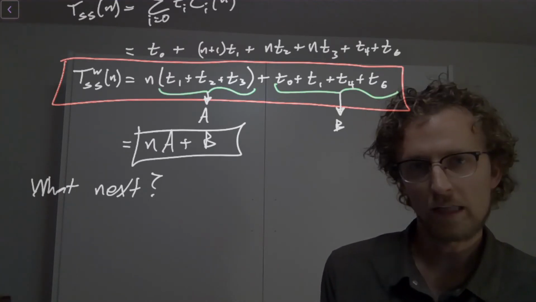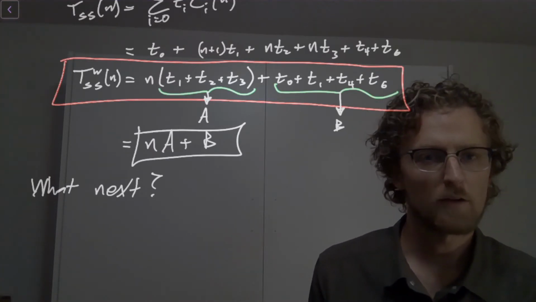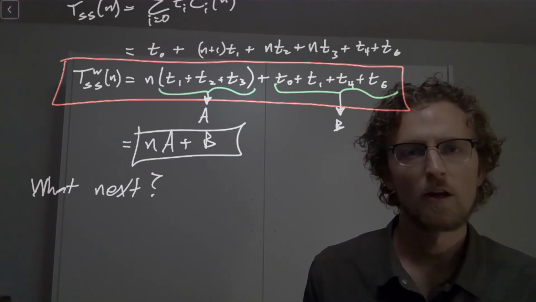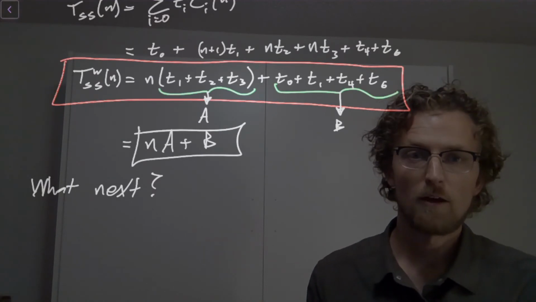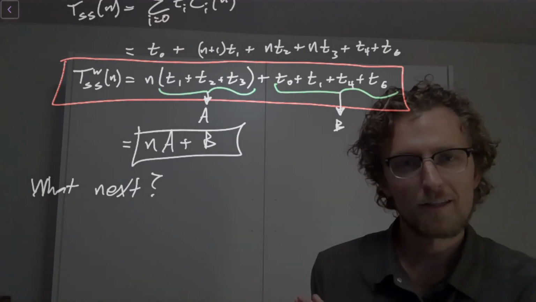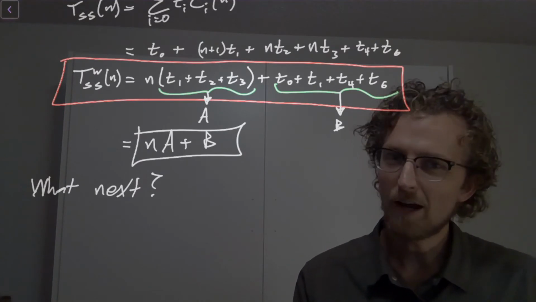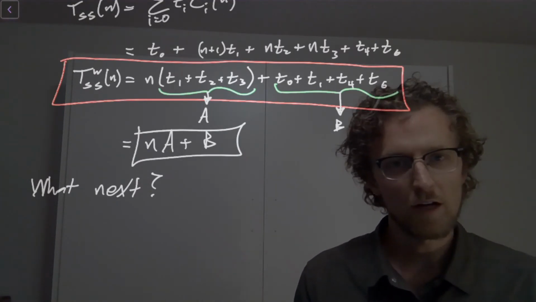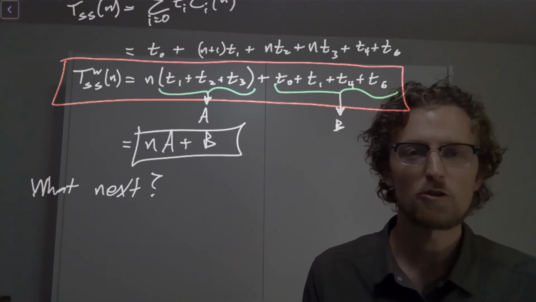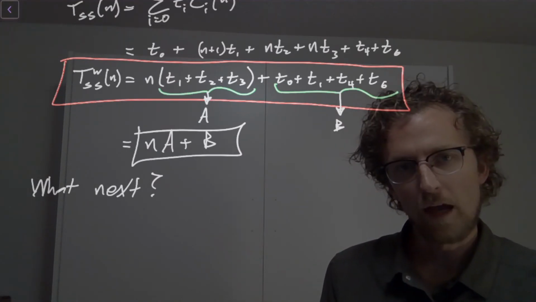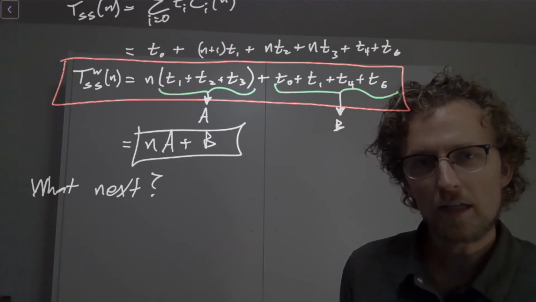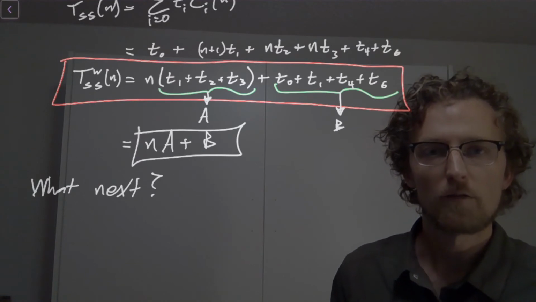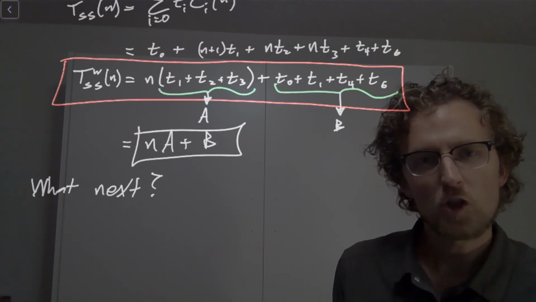That would involve choosing a particular programming language, choosing a particular interpreter for that language, and making sure I've set up my system so that nothing else is running that can cause interrupts that change the execution time of each of these things. I could go actually characterize the A and B for my system. But the question is, should I?